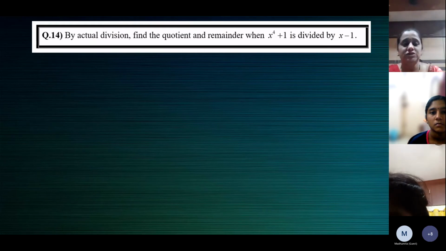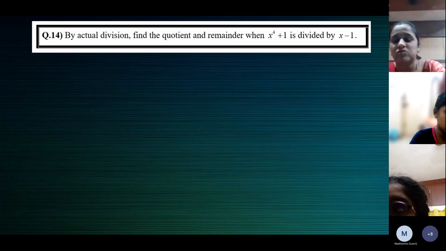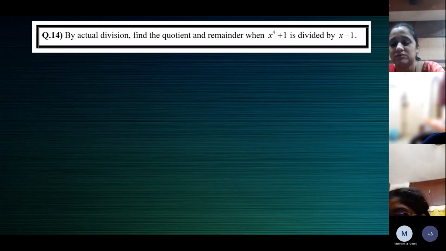By actual division, find the quotient and remainder when x to the power 4 plus 1 is divided by x minus 1.